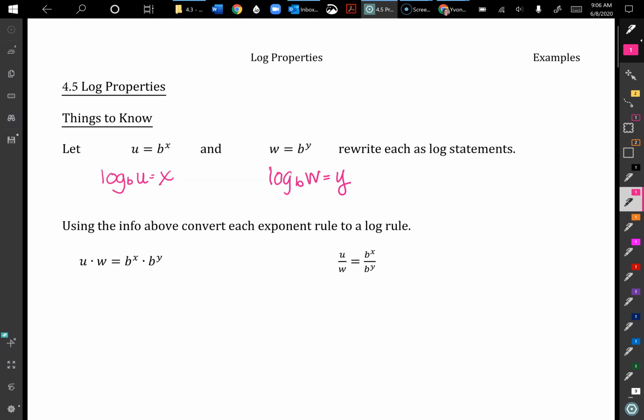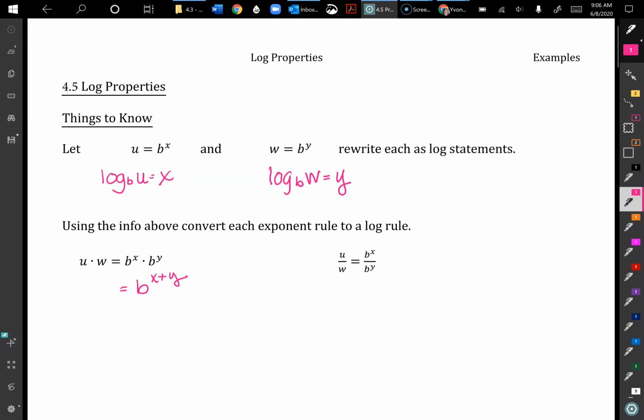Using the info above, convert each exponent rule to a log rule. So we have this exponent rule. We know when we multiply exponents that have the same base that we would add the powers. So on this right hand side we would have b to the x plus y.